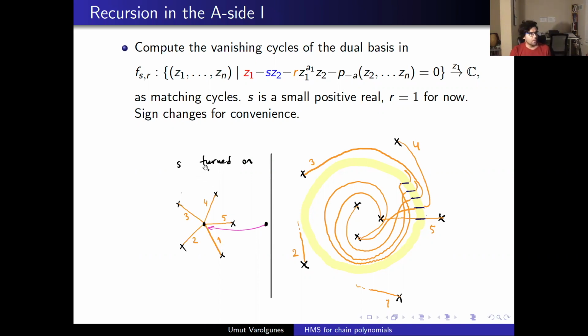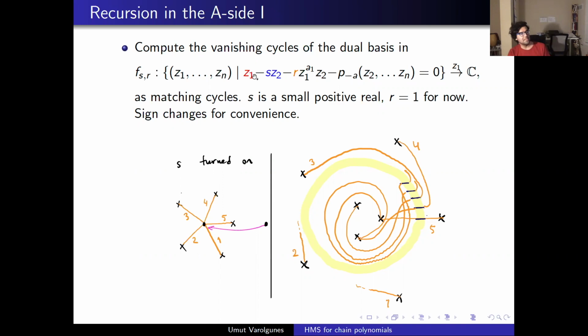Okay, but it turns out to be better not to compute exactly in this one, but to compute after you also slightly turn on another perturbation, which is this S times Z2. S will be a small positive real number. So if you ignore the S and set R equals 1, you will get the fiber above the origin of this perturbed polynomial.